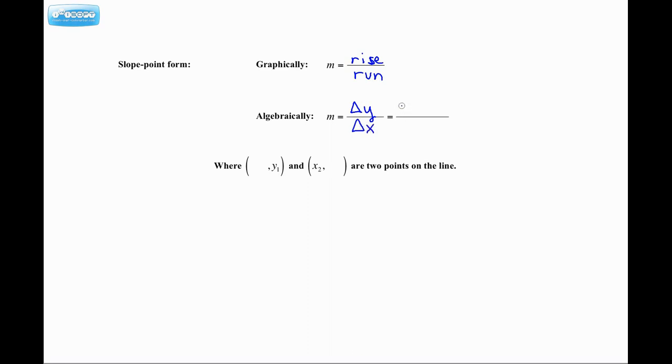And using our formula, this was y2 minus y1, so that's the change in y, divided by x2 minus x1. Okay? And that's where x1, y1 and x2, y2 are 2 points on the line, anywhere on the line.